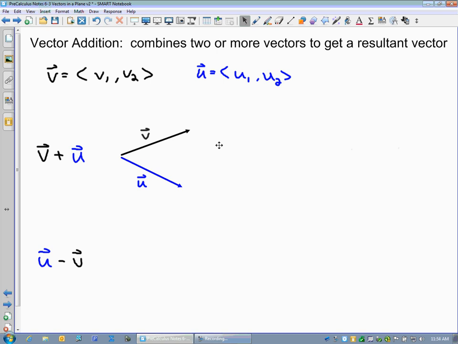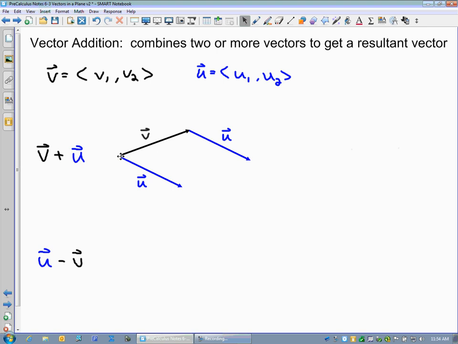which makes the initial point of this vector coincide with the terminal point of this vector, and by sliding this over, the resultant vector goes from the beginning to the end. In other words, this is saying travel along v and then travel along u, if you're doing head to tail.